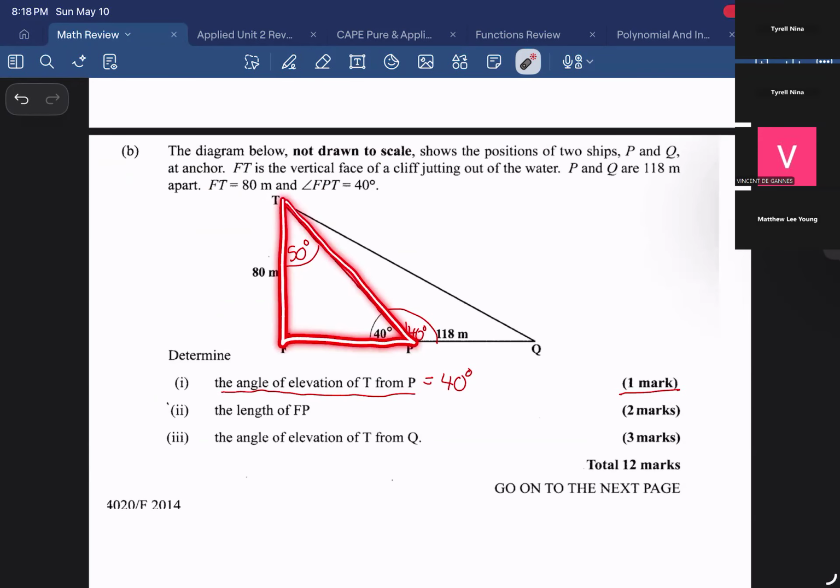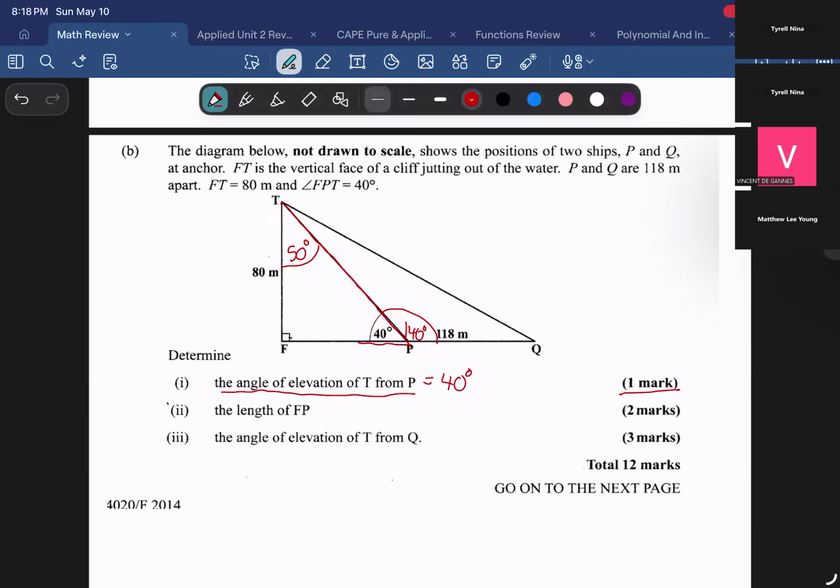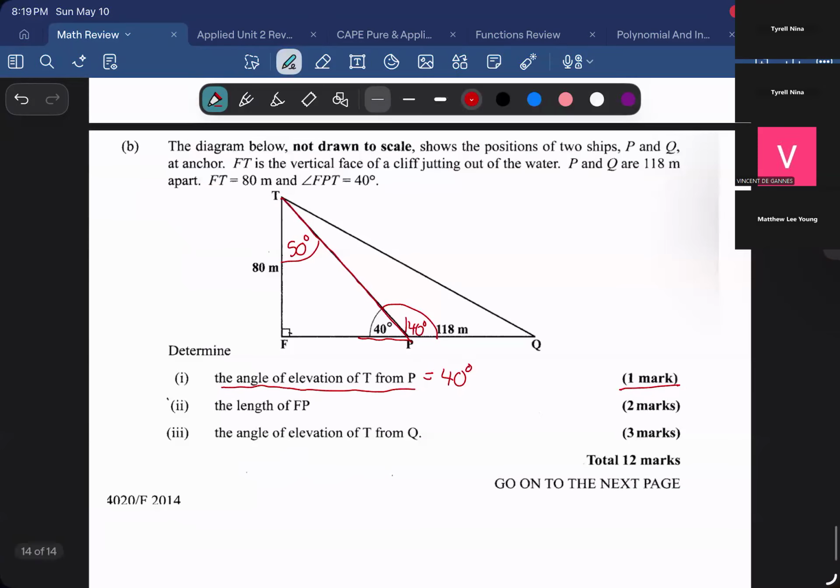Look at this triangle here. It's 90 degrees. So for FP, what can I use? Sine 40? No, that won't work because that's opposite over hypotenuse. Cos 40, no. So it has to be tan 40, which is opposite over adjacent. So tan 40 is 80 over FP.